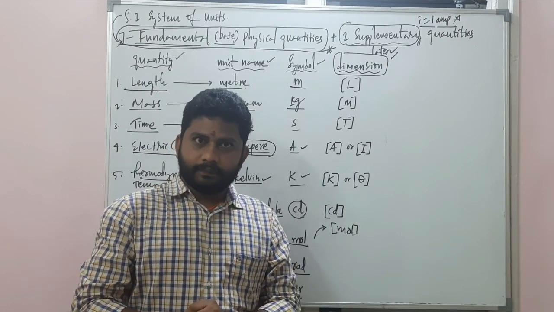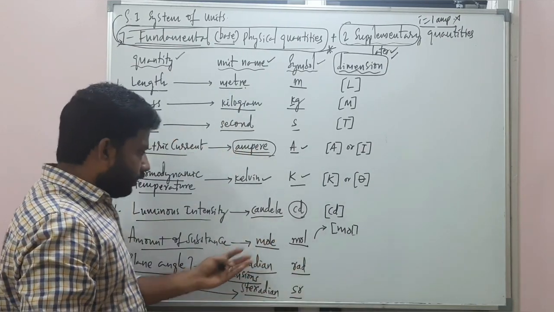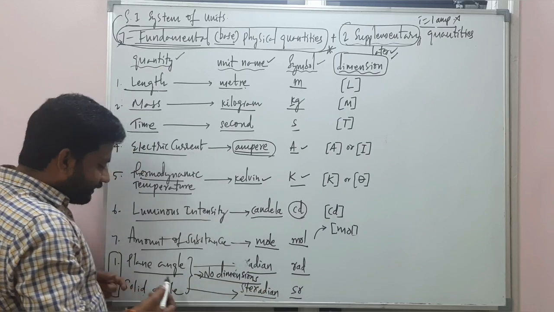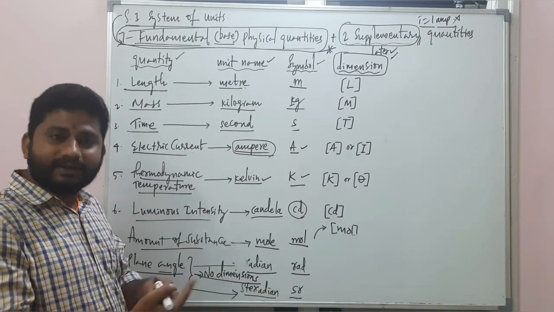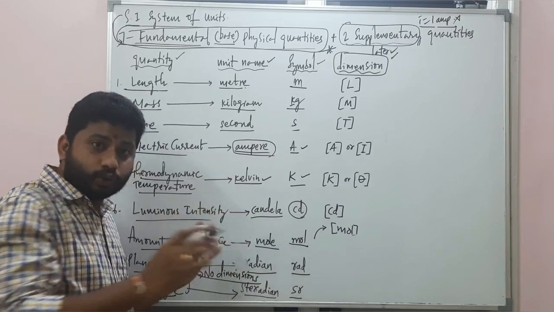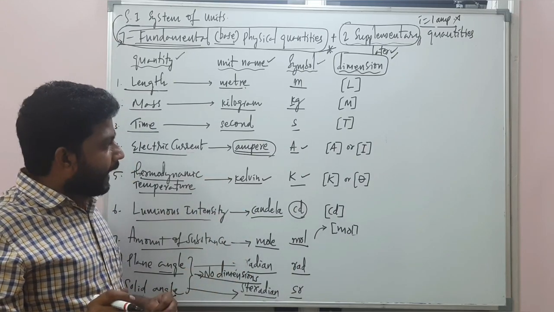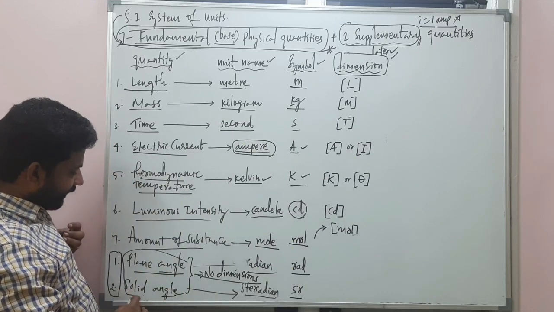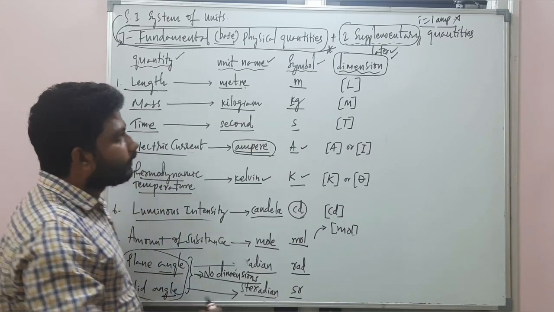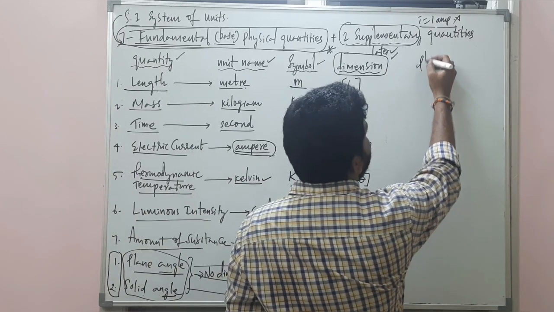Okay, my dear students. So what was the last discussion is, angles will not have any dimensions. Why they will not be having any dimensions, we will be discussing soon. Now, come back to the concept of plane angle and solid angle. First, the plane angle.